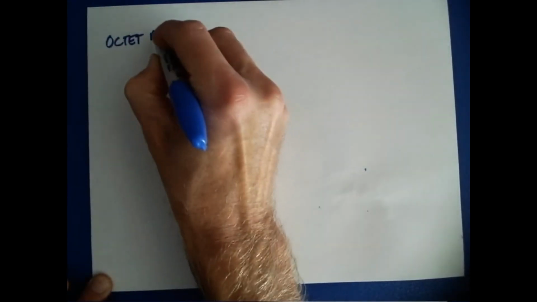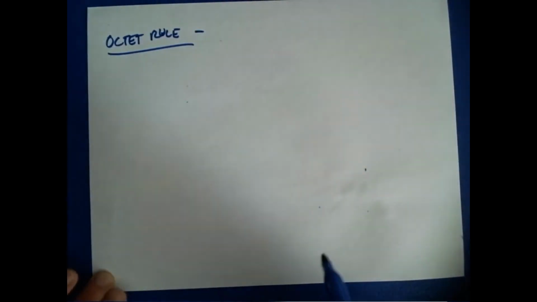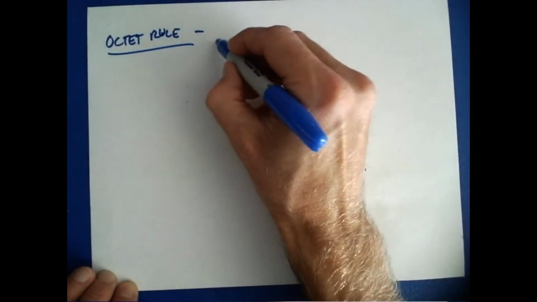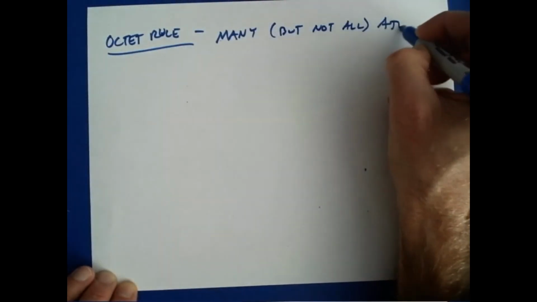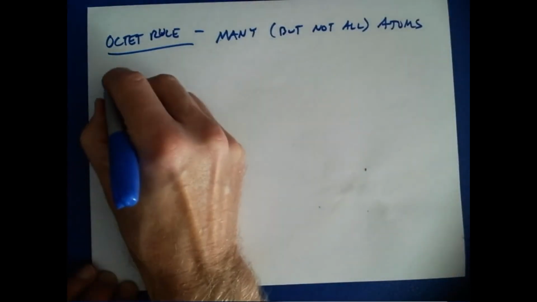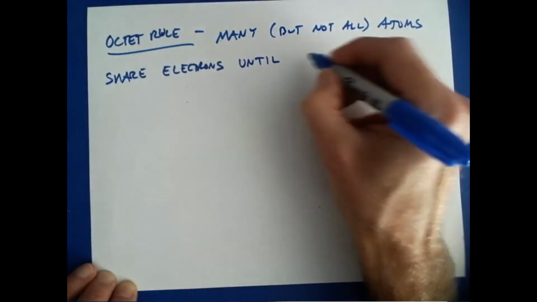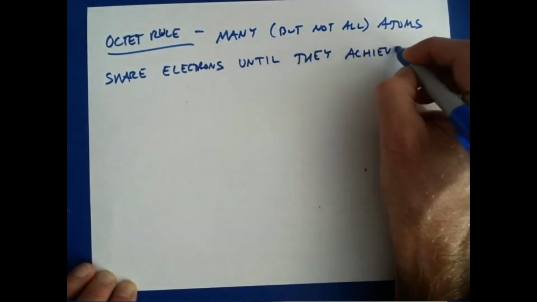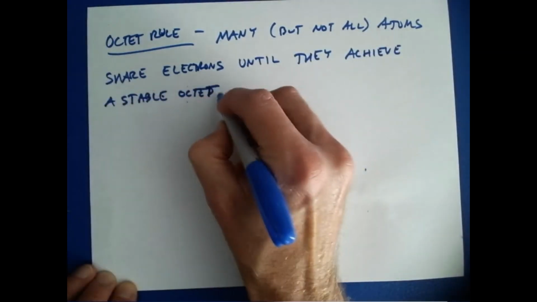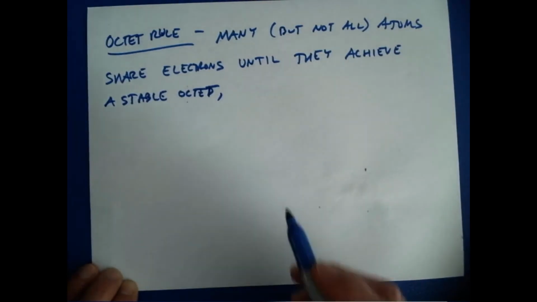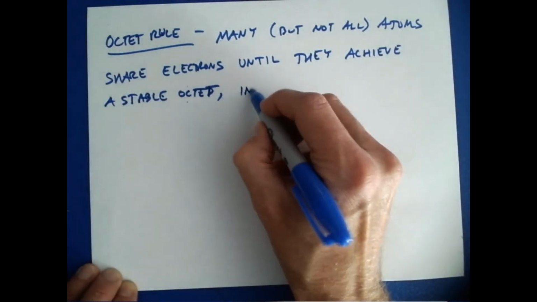So this is sometimes called the Octet Rule, which is that many, but not all atoms, share electrons until they achieve a stable octet, in order to achieve the stable noble gas configuration.